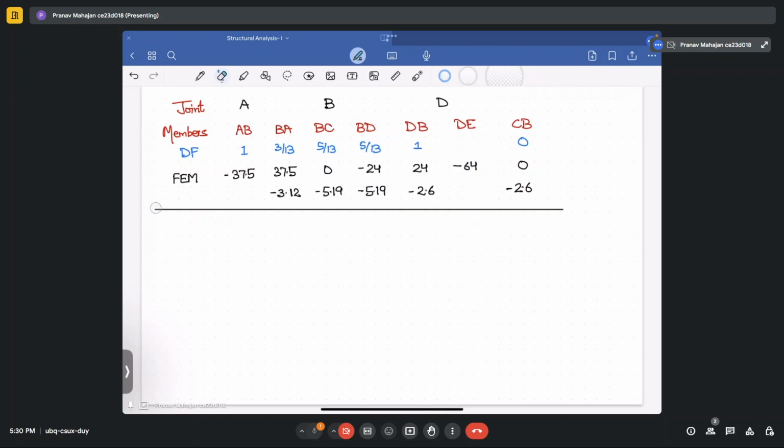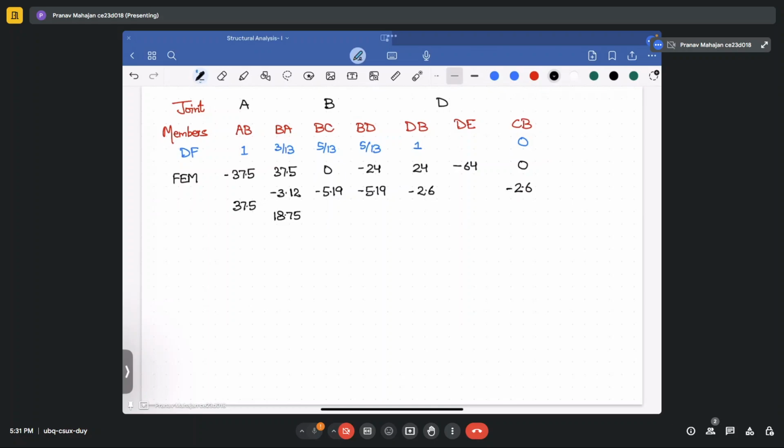Now let's write, since here the joint is also a hinge, the unbalanced moment comes out to be 37.5. That will become 18.75.